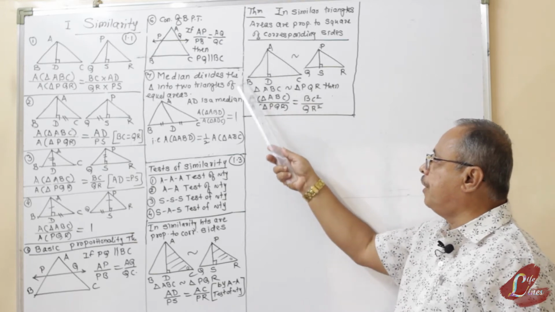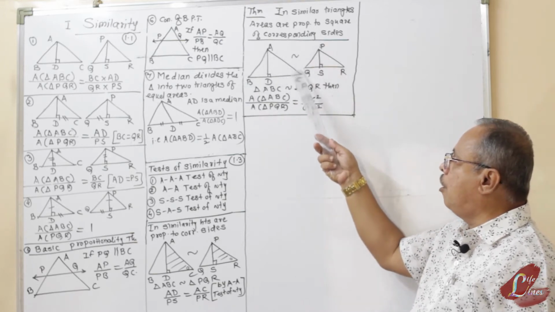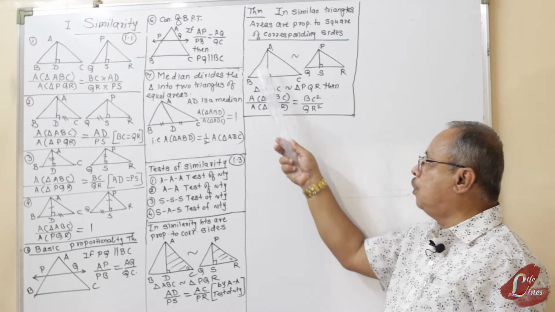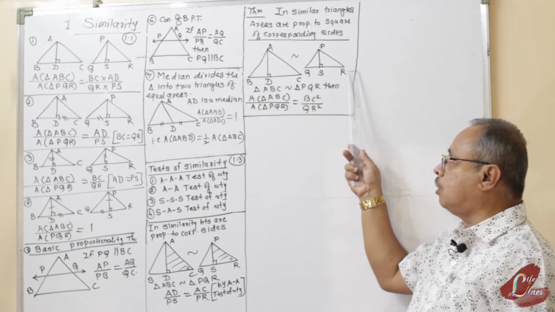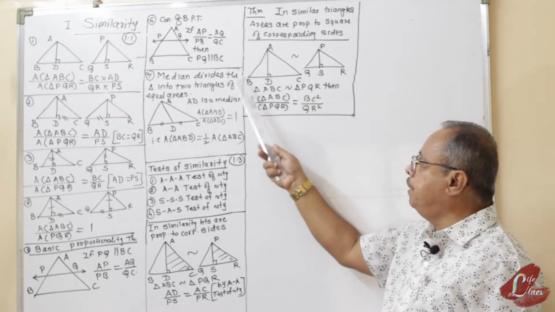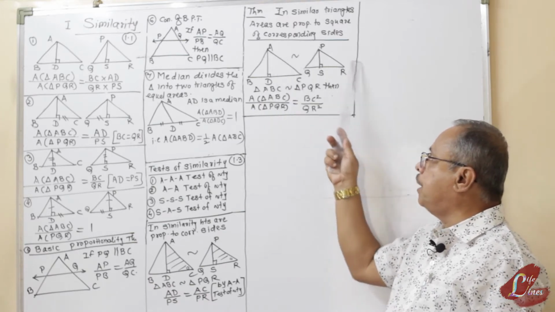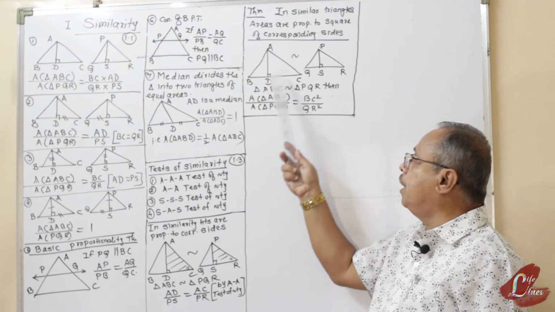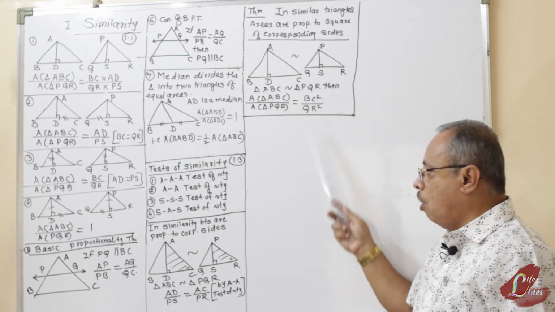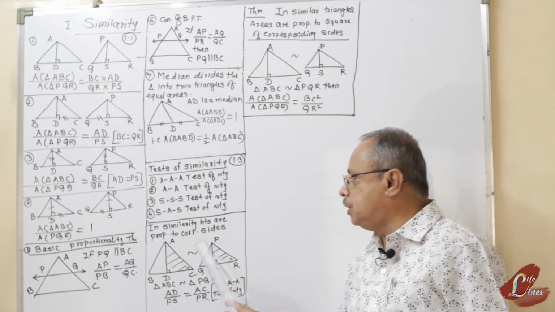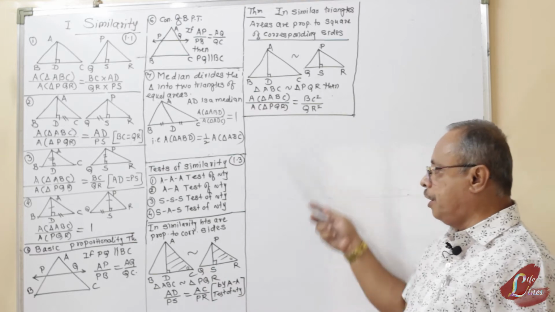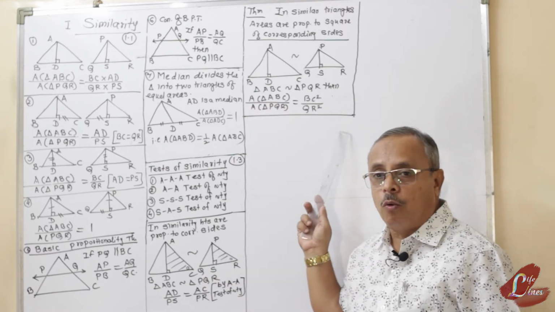That is, area of triangle ABC upon area of triangle PQR is equal to BC square upon QR square, which is also equal to AB square upon PQ square, also equal to AC square upon PR square, also equal to AD square upon PA square. All the examples which are based on these two theorems are in 1.4.